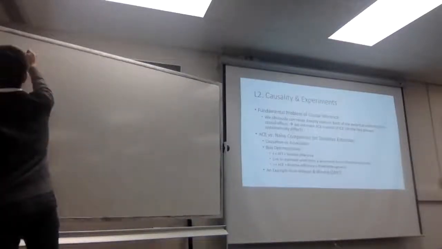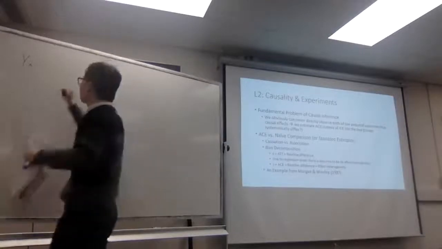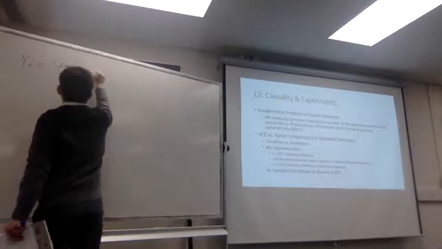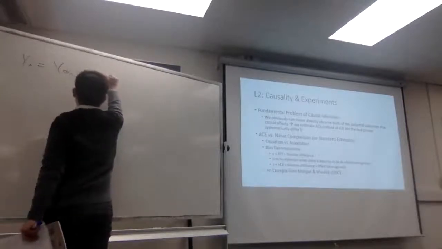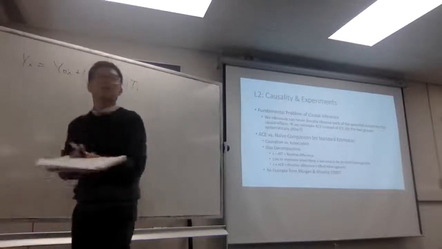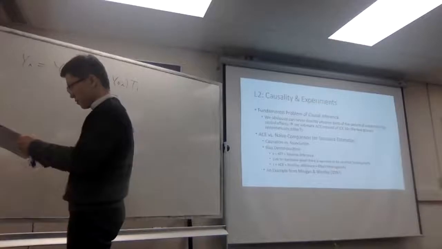It starts with the potential outcome framework. Yi is y0i plus y1i minus y0i. This is the potential outcome framework that we covered 10 minutes ago.